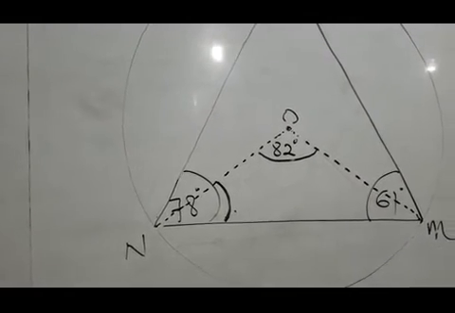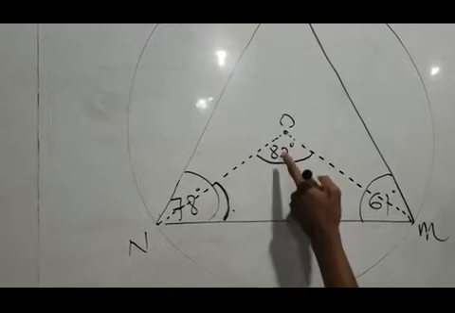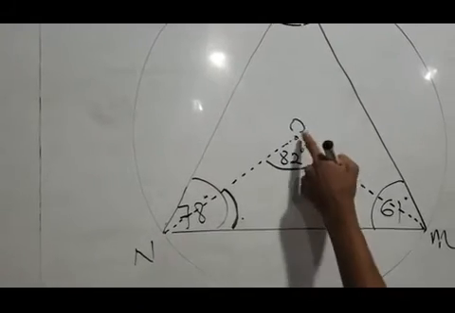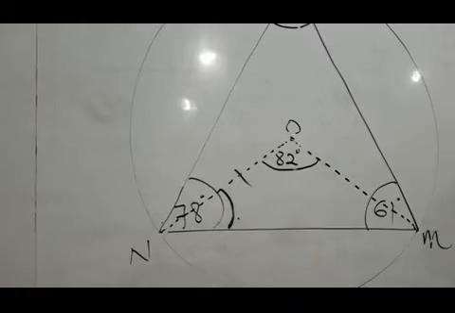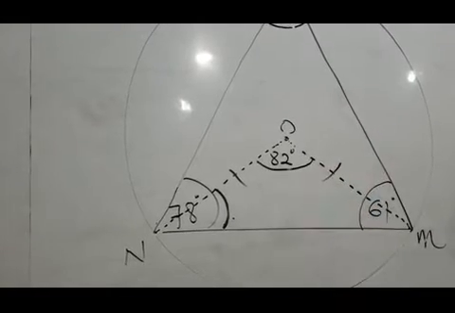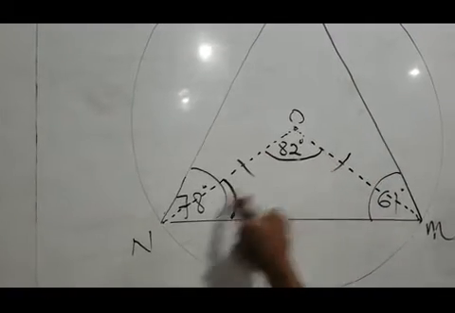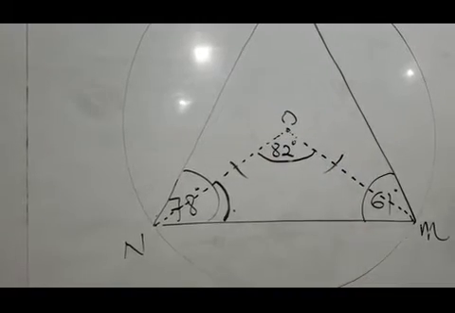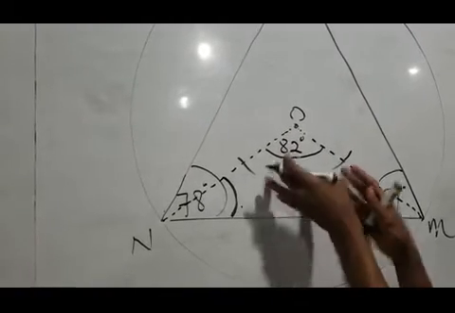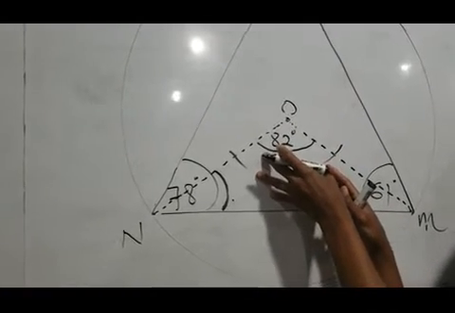And the radius is always equal in length. Whether the radius is from O to N or from O to M, it will still be the same length. So the line ON is equal to the line OM. So if ON is equal to OM, then this triangle becomes an isosceles triangle. So the smaller triangle in here is isosceles.